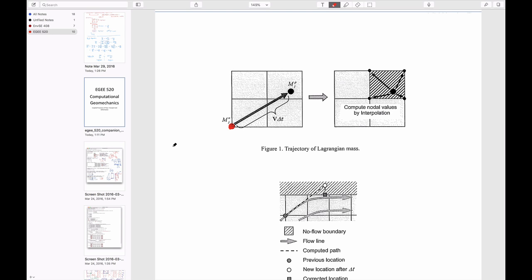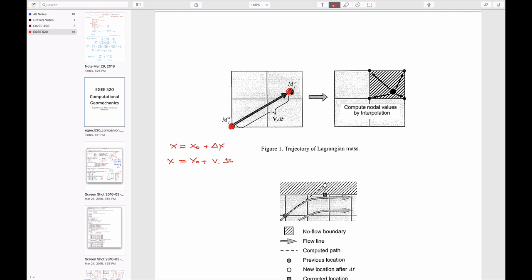In one Lagrangian time step, the location will change to x0 plus delta x, which is the same as x0 plus the velocity times the time step. And we take this particle and physically move it over one time step to a new location.